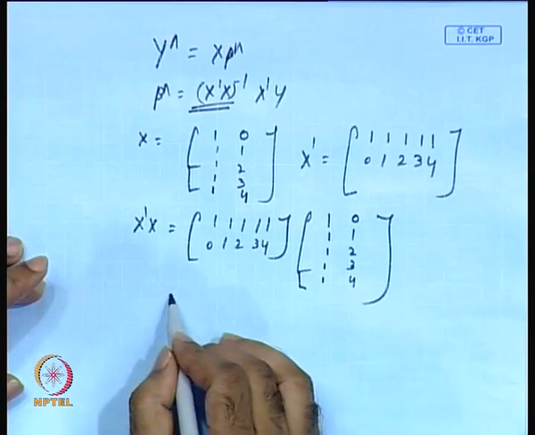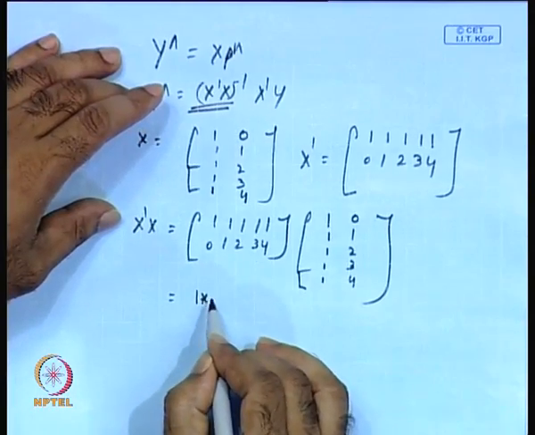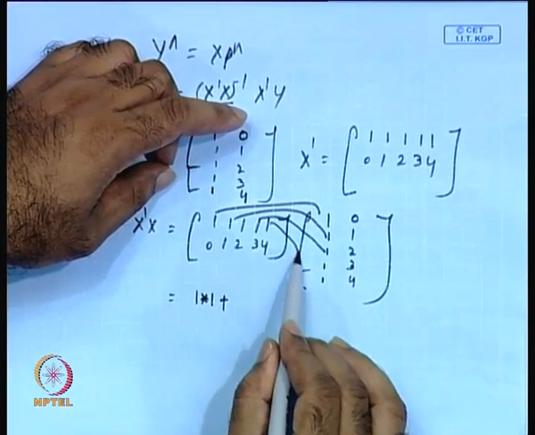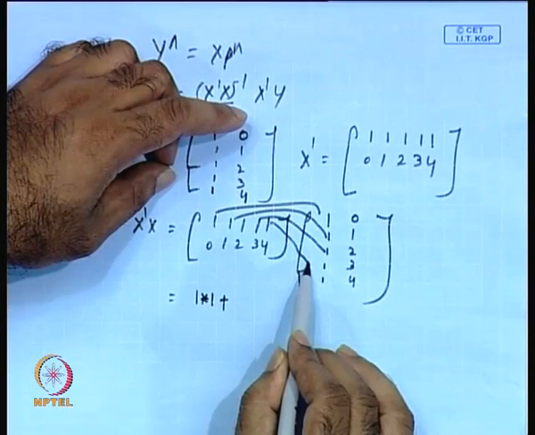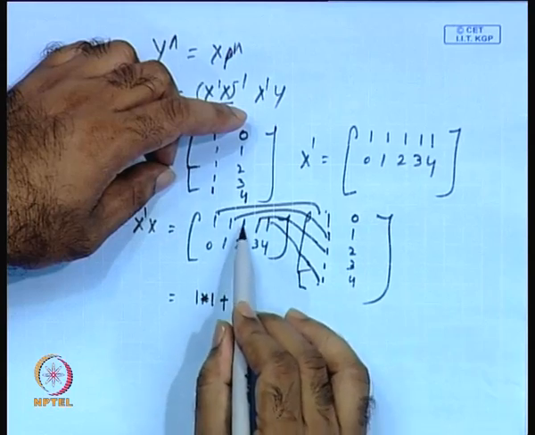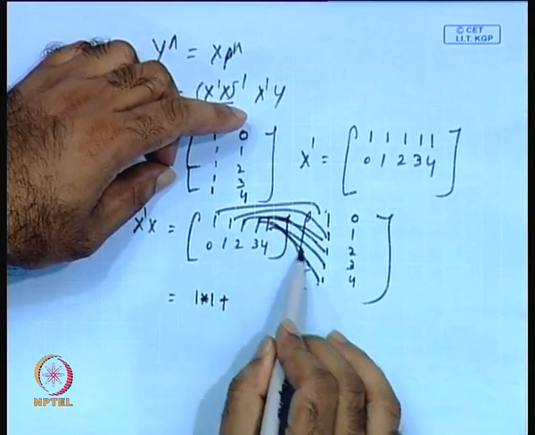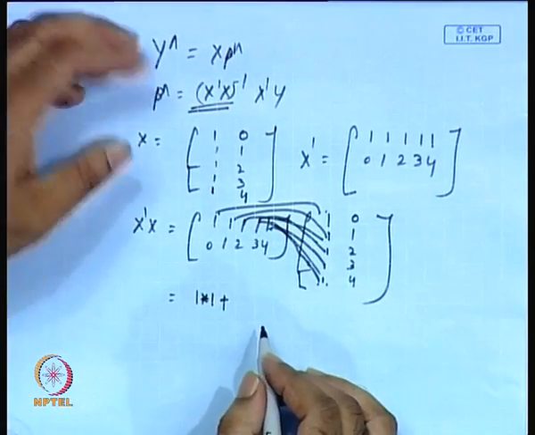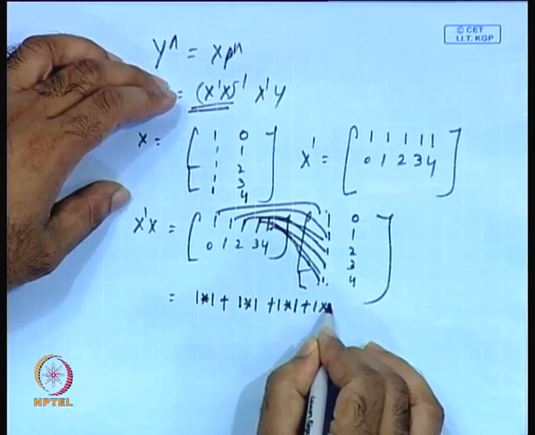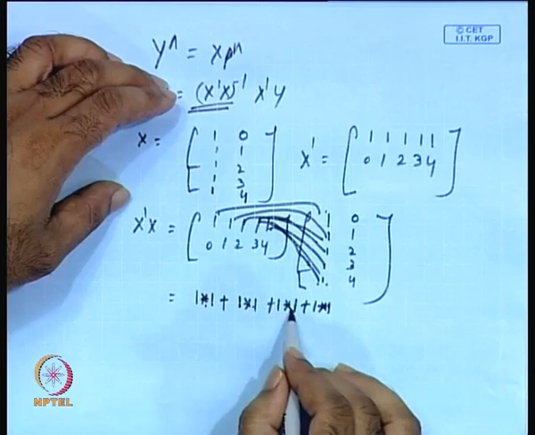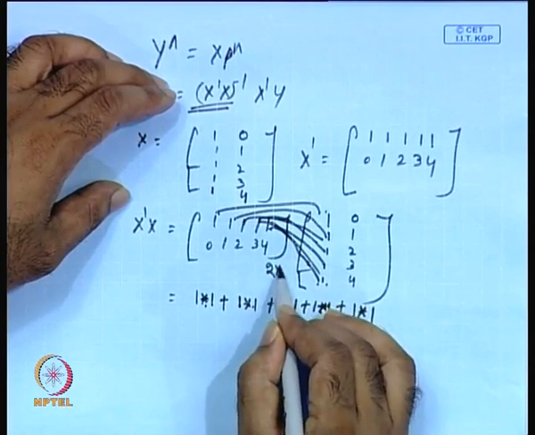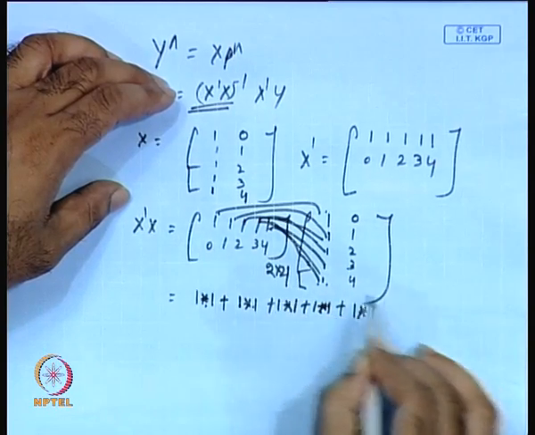Now we have to multiply. So this is 1 into 1 plus, and this way each row connects with each column like this. So the first entry is 1 into 1 plus 1 into 1 plus 1 into 1 plus 1 into 1 plus 1 into 1, five multiplications. Because it is a 2 by 5 multiplied by a 5 by 2, we will get a 2 by 2 matrix. For the next entry, the row of ones is multiplied with the column 0, 1, 2, 3, 4.